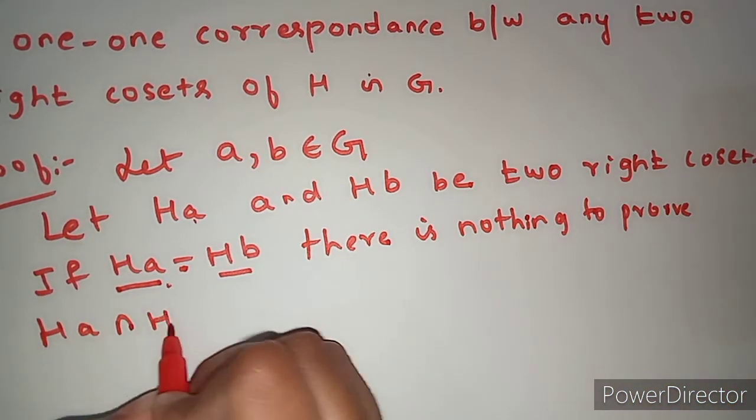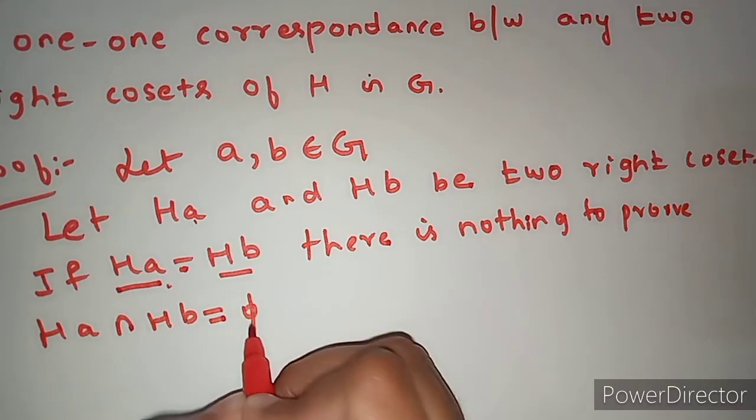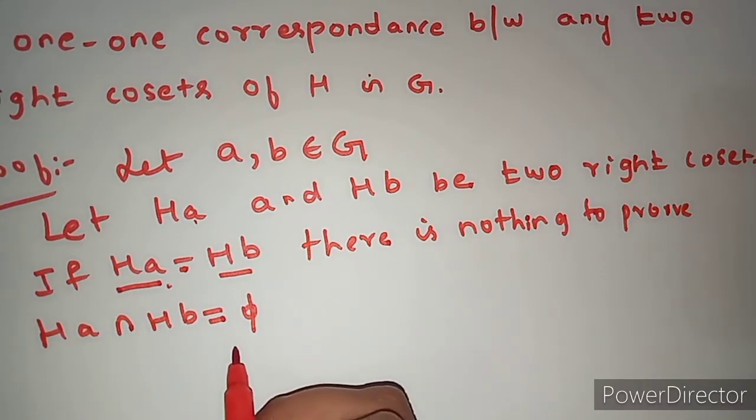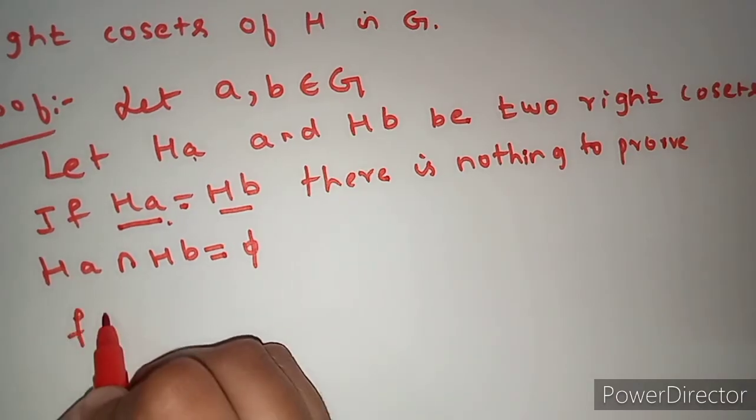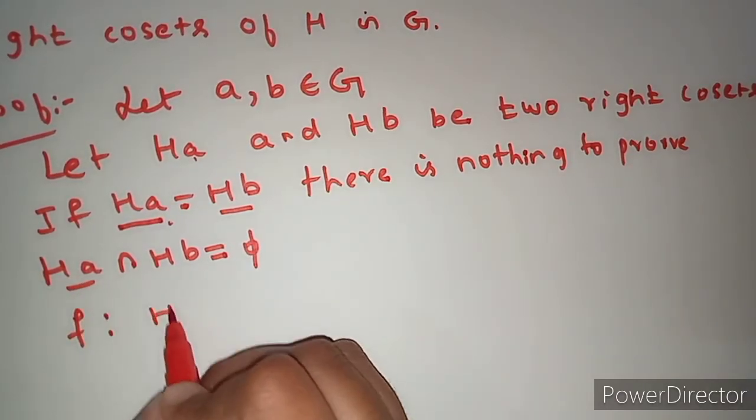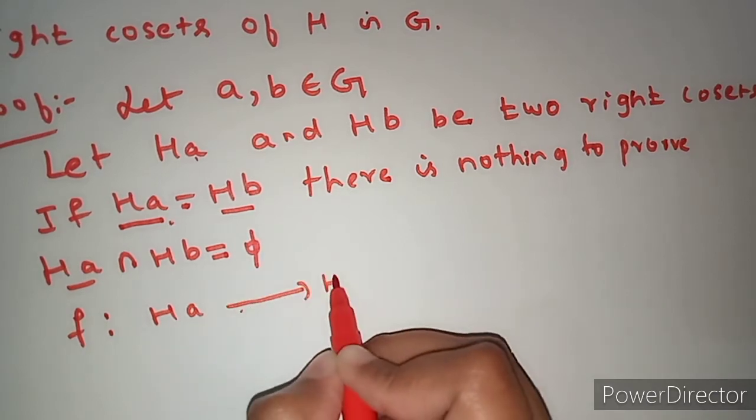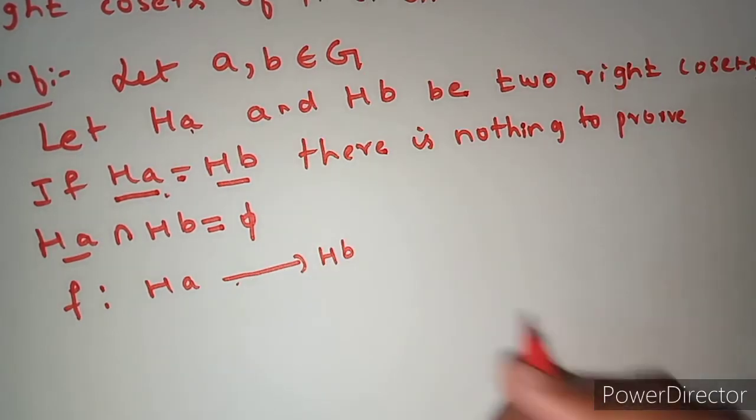Now I am considering right cosets Ha and Hb are disjoint. That means Ha intersection Hb is equal to the empty set. Now I am defining a mapping f from right coset Ha to right coset Hb.